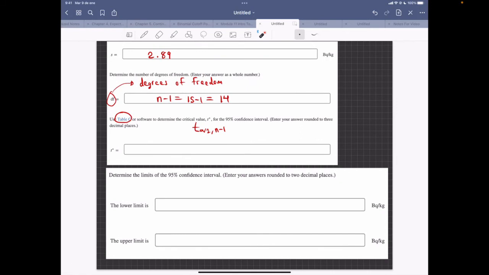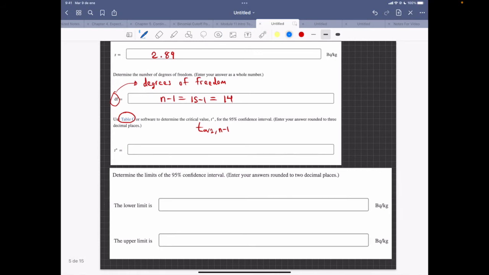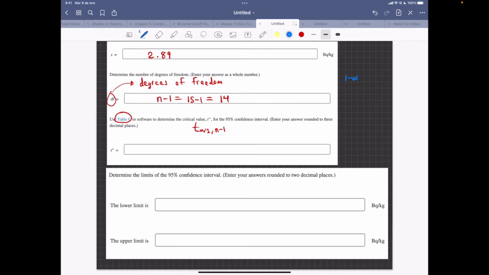How to get the value for alpha? You're going to set 1 minus alpha equal to the level of confidence. In this case, the level of confidence is 95%, so 0.95, and solve for alpha. Alpha is going to be 0.05, and then divide alpha by 2, and you're going to get 0.025.